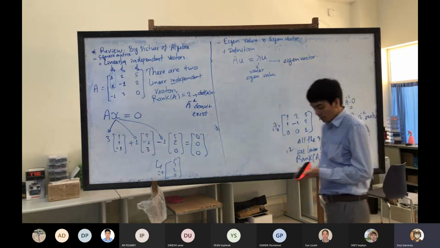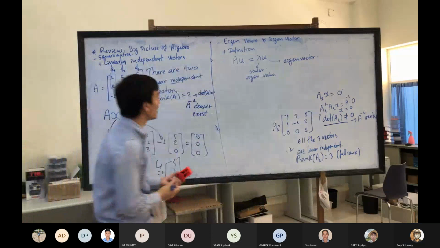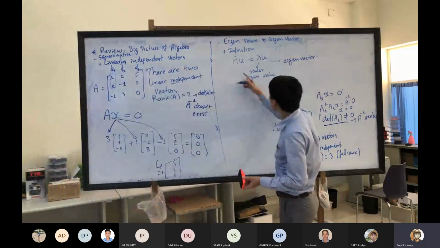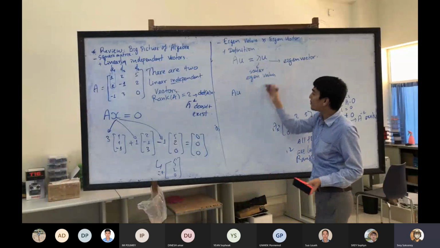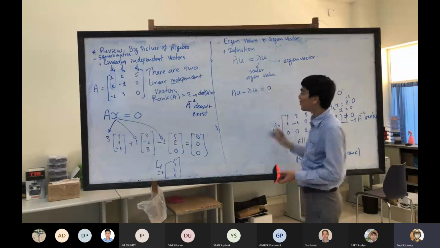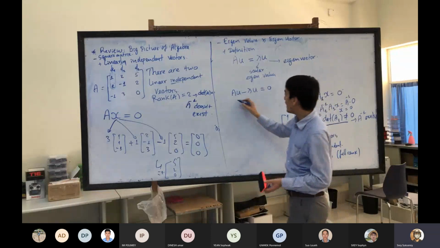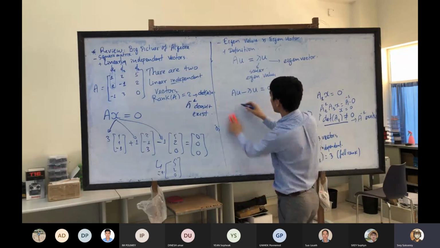How do you find eigenvalue lambda and eigenvector? First, move lambda U to the left hand side, and then you get 0. Then take U as a factor here.